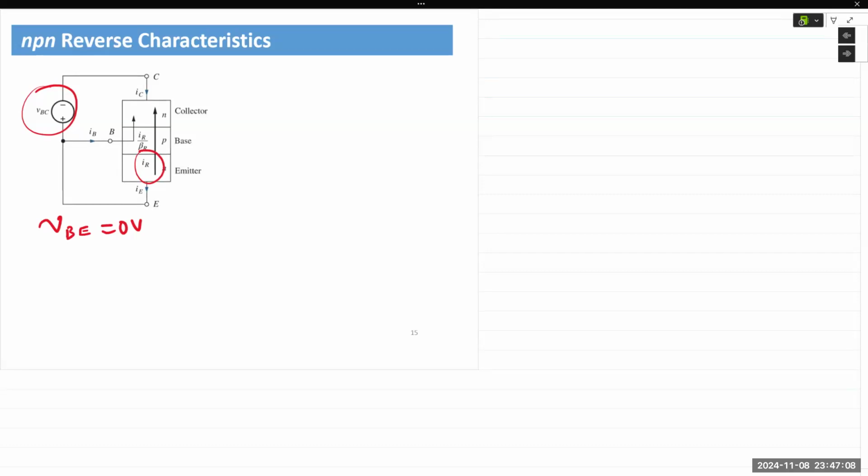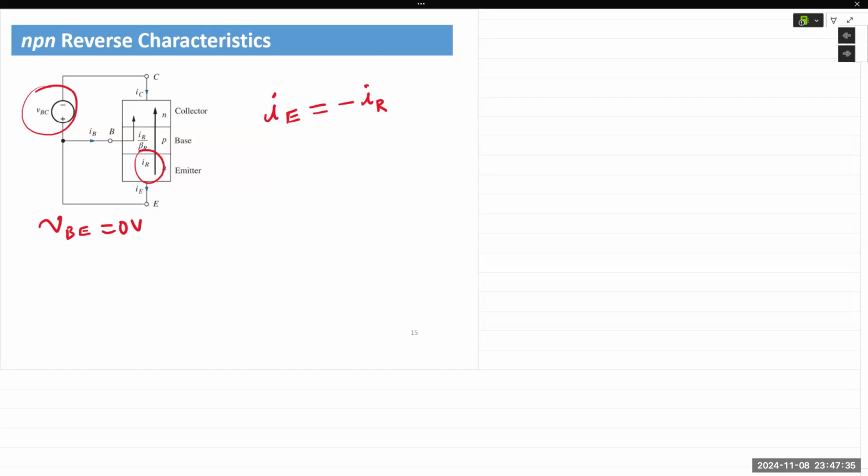So we can write an equation for the reverse transport current, and we can write it in terms of IE. Remember, it's an NPN transistor. IE is taken as flowing out of the transistor, and so IE is opposite of the reverse transport current, so minus IR.